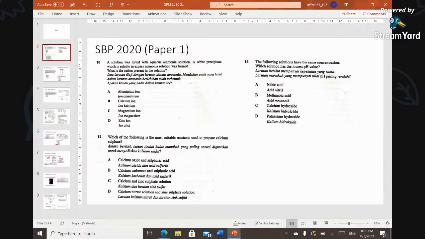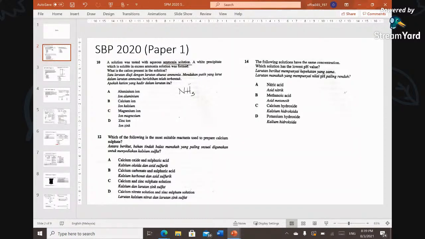A solution was tested with aqueous ammonia solution. A white precipitate which is soluble in excess ammonia solution was formed. Over here you have to know the test when you use ammonia.